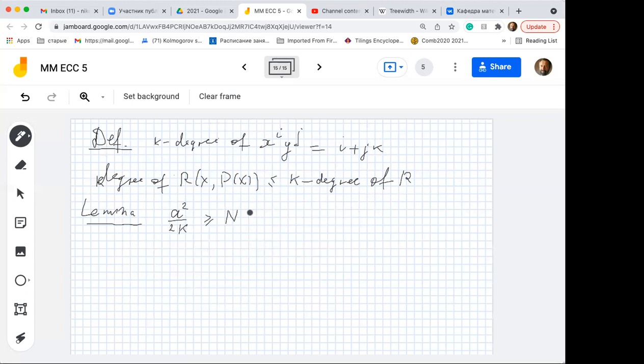And now we multiply capital N by N plus 1 over 2. So more or less we considered the square of the multiplicity, and we multiply it by the number of points, little n. This is our assumption. So we assume that the square of the degree is large enough compared to the multiplicity and the number of points.